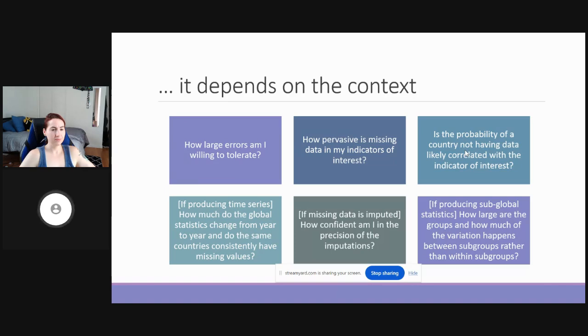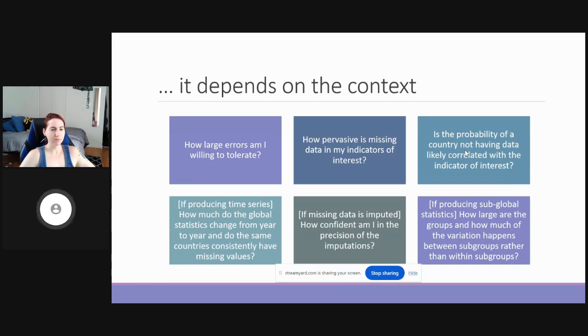Let's say not 90%, but only 50% of the population data was available, and we only had information for high income countries. In that case, poverty would look pretty low because we don't have data for low and middle income countries where there is likely to be higher poverty rates. And so your number is going to be pretty misinformed.